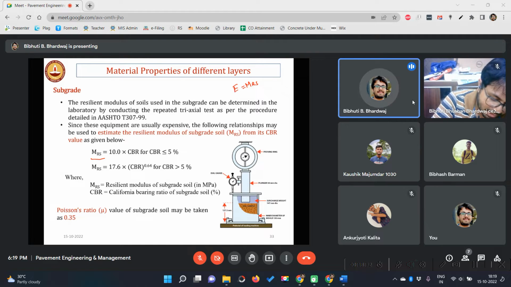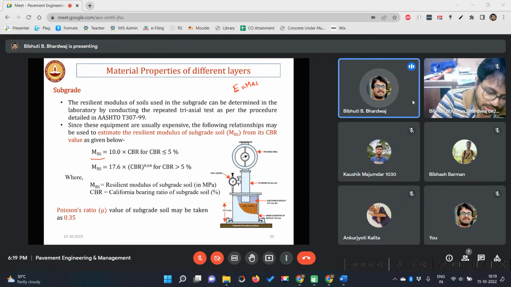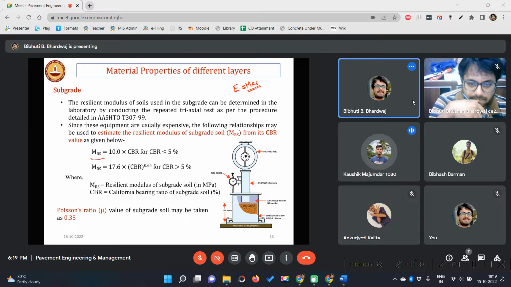Okay, although they are not, they are assumed to be equal. So generally, how do we find out the modulus of resilience for soil? Any idea? No, sir. So there is a test called the triaxial test. Yeah. So with cyclic loads, we can find out this modulus of resilience.